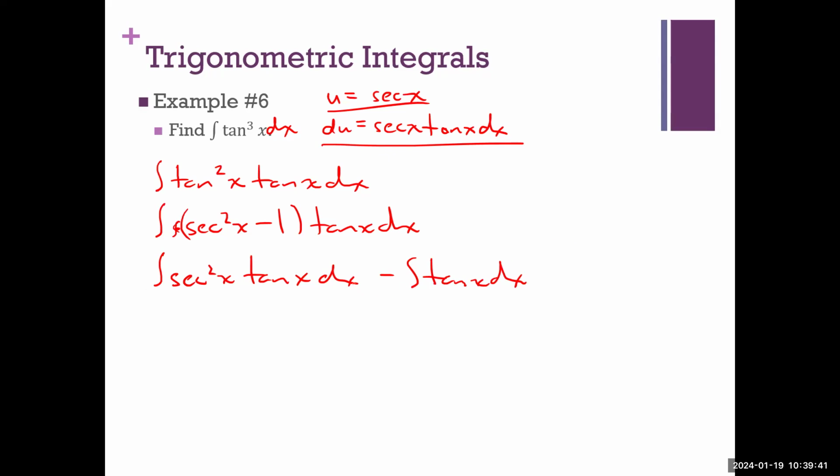Is this integral on the left something we can start using the substitution on? It's kind of strange, but would we agree that secant squared x tangent x dx is the same as secant x, tangent x dx? So I think this one on the left became u du.